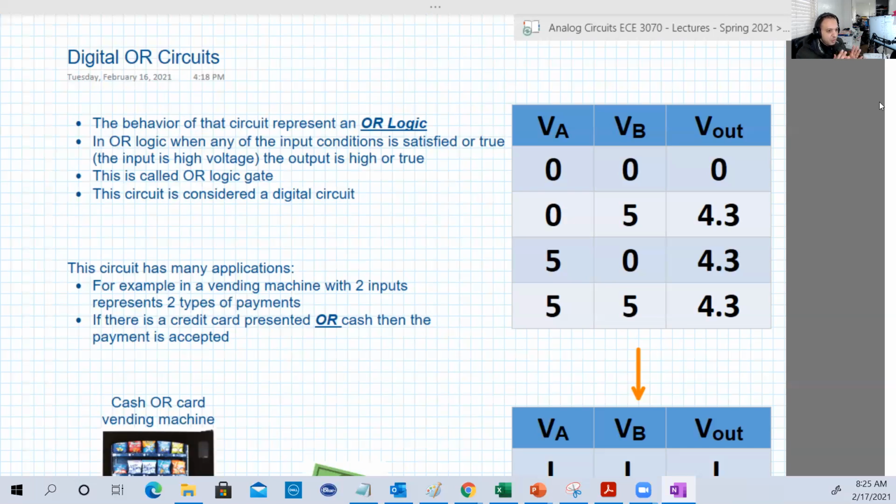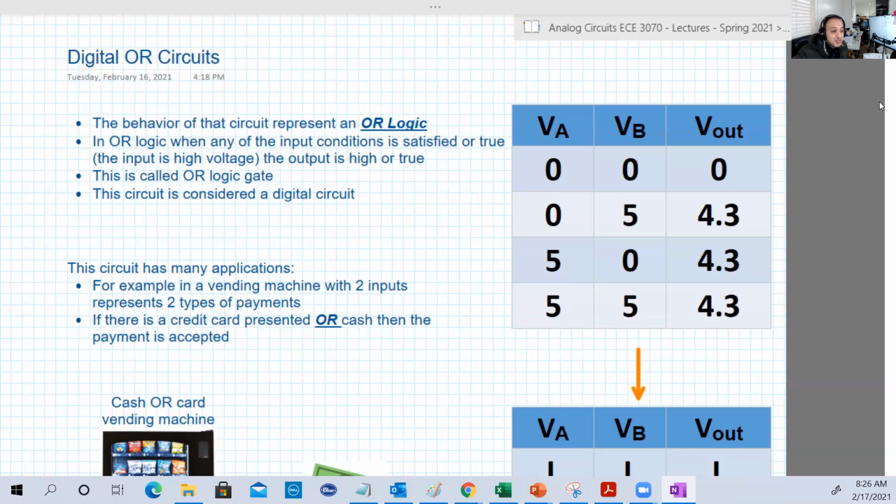Basically, you have an operation and you want to do this operation based on some conditions. In our case, the circuit has two inputs, so our operation has two conditions, condition A and condition B. You will not do that operation until at least one of the conditions is satisfied, or true in logic language.